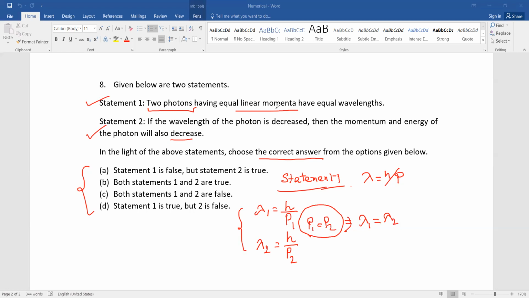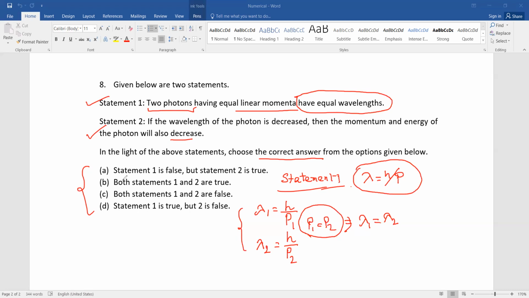So two photons having equal linear momenta have equal wavelengths. We can conclude that statement one is correct, from this relationship between wavelength and momentum.